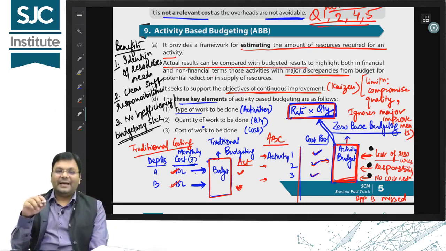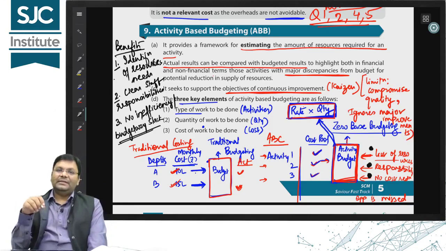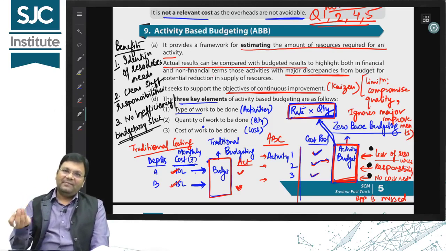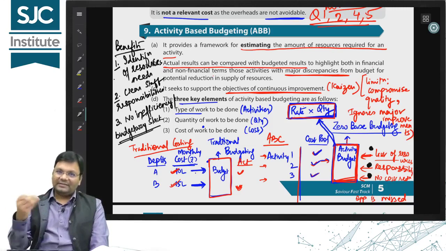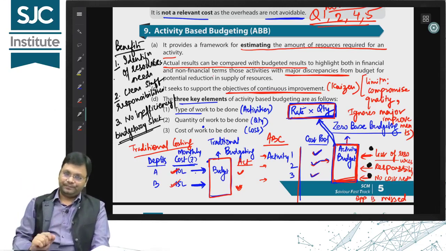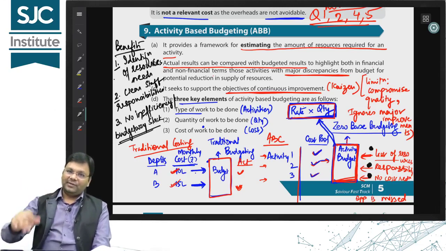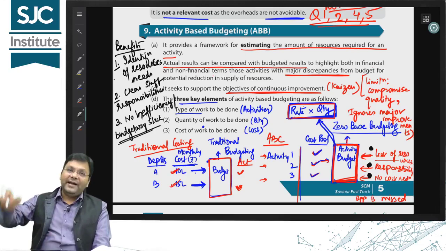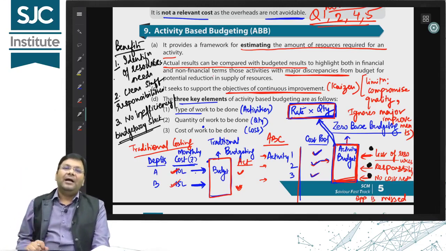What is budgetary slack? Budgetary slack is when we ask our lower level managers or executives to give us an estimate of the cost that will be incurred in their department or activity for a certain period, they usually have a tendency to inflate the cost and submit it to the higher authorities.